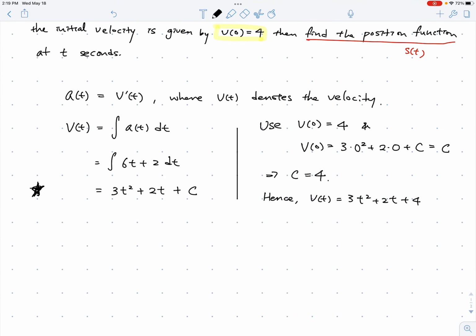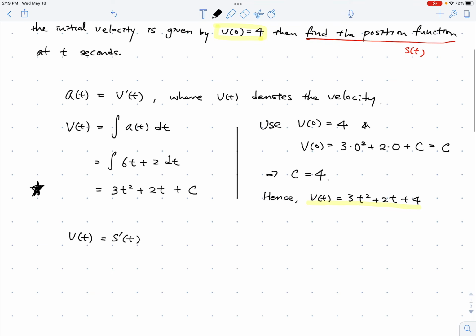So we're going to do this trick again. Use the velocity function here as well as the initial position to find the position function. Note that v(t) is the derivative of the position, where s(t) is the position function.